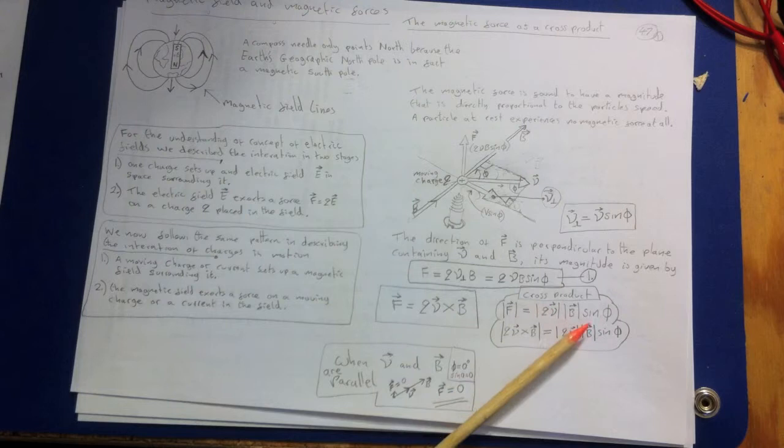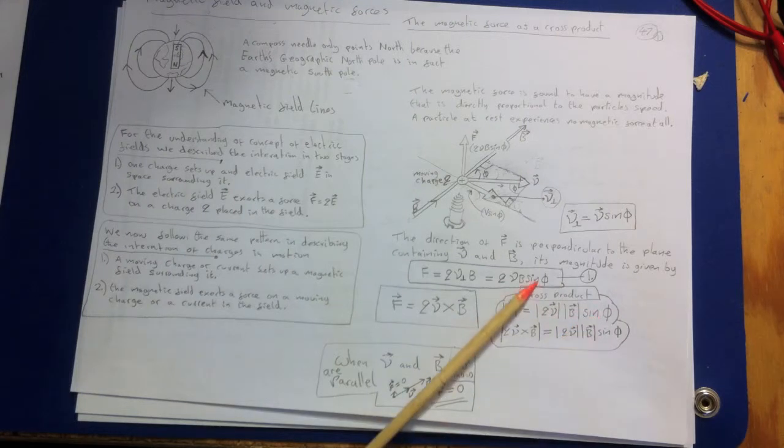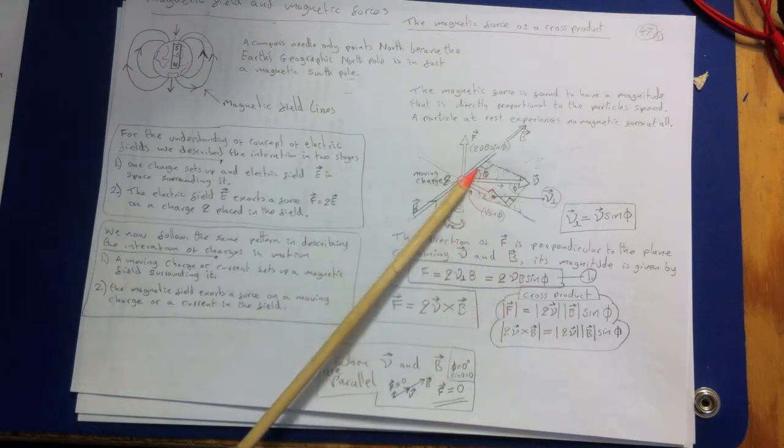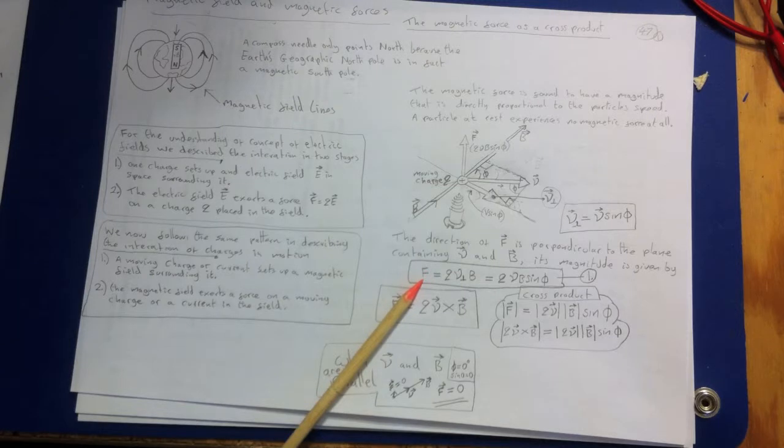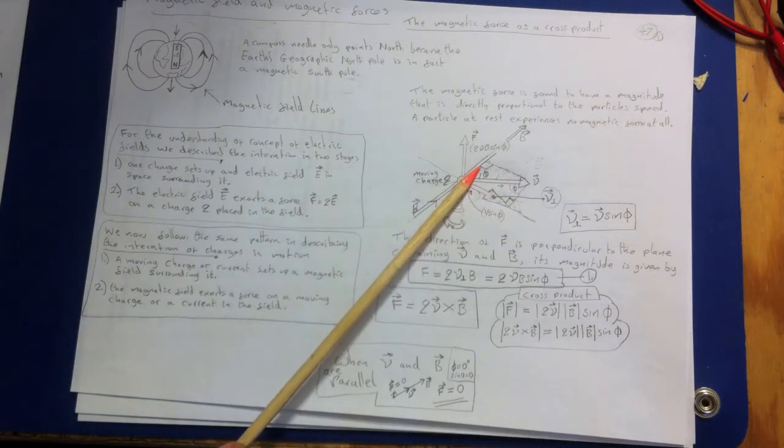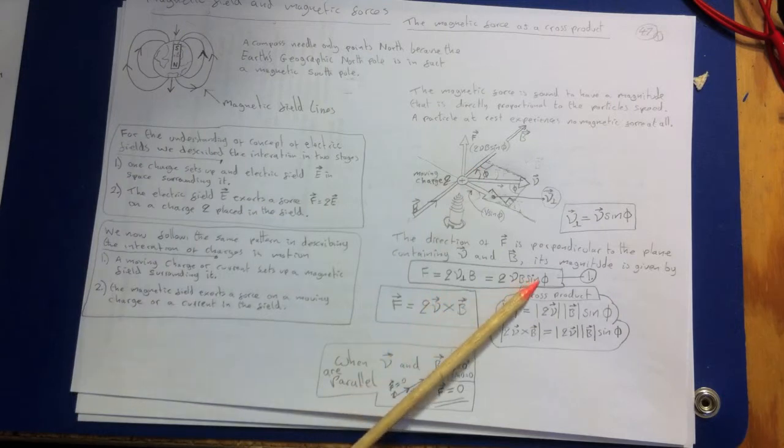You can tell here, for example, if theta is 90 degrees, then we end up with F equals QvB, and that's going to be the maximum force when v is completely perpendicular to B. You can tell that by plugging in 90 into this angle: sine 90 is 1, so you get F equals QvB.